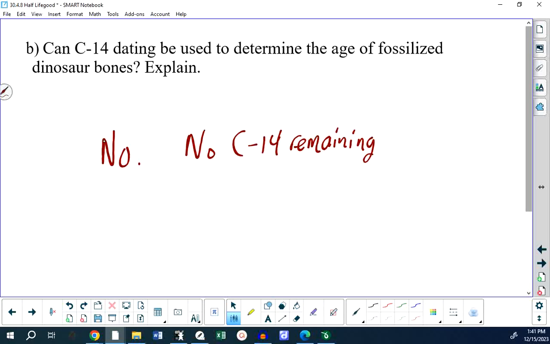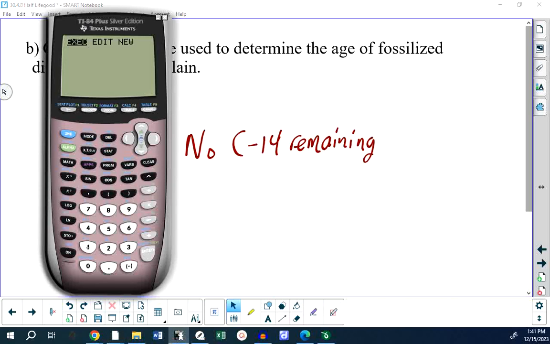Not many. So it's very hard to detect. The percentage remaining, if I take 100% and multiply by 0.5 raised to the 10, is going to give me the percentage of a radioactive material left after 10 half-lives, which, by the way, is only about 57,000 years for carbon-14.